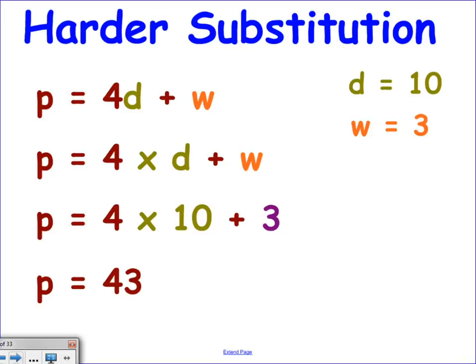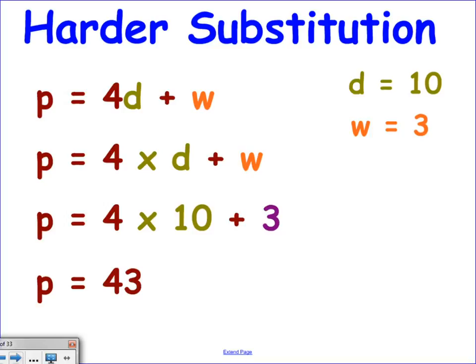BIDMAS then kicks in and says you do the 4 times 10 first, which is 40, add the 3, you end up with 43. Okay? So this is substituting 2 variables within an equation. No different from one that we did before. Don't worry, you're going to get plenty of practice in a second. Yeah, so can you see how it works?